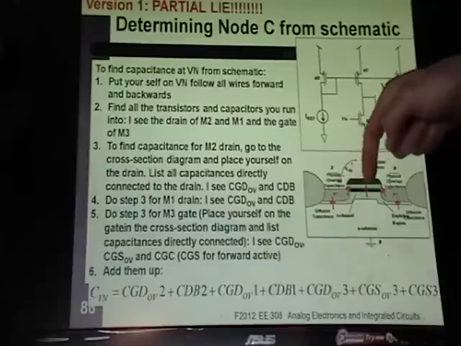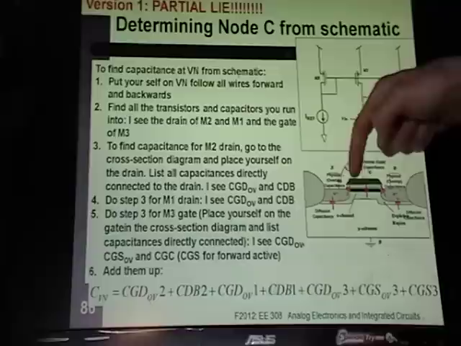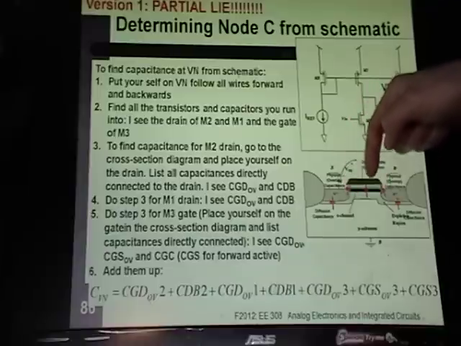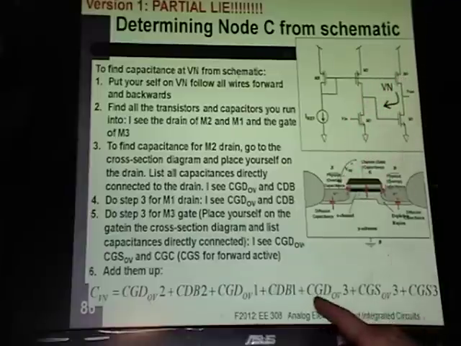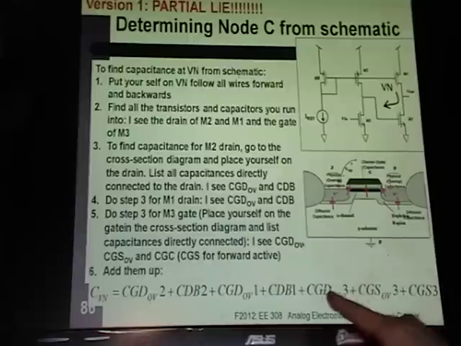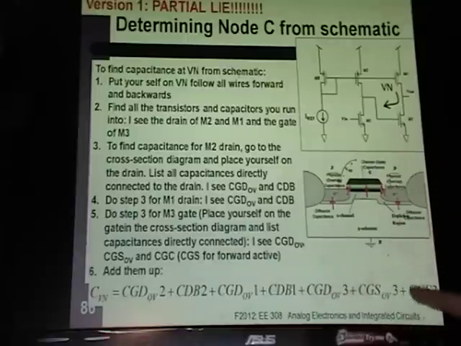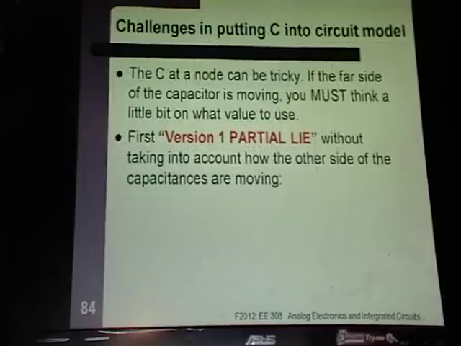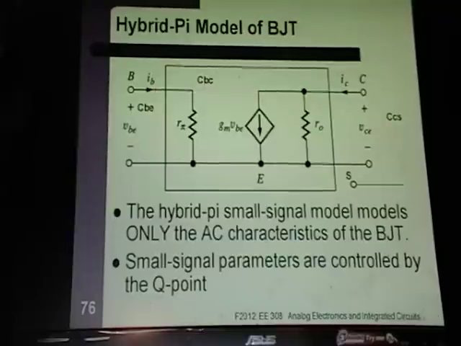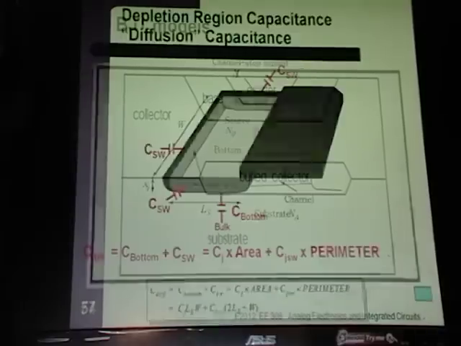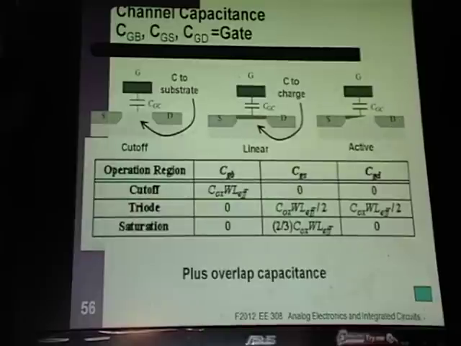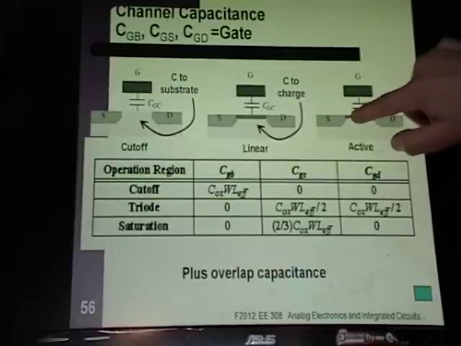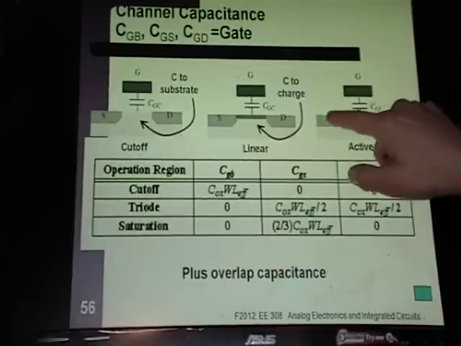So on the gate, I see 3 capacitances. I see gate source overlap, gate drain overlap, and gate to the channel. So gate drain overlap, gate source overlap, and then in textbooks, they won't call this gate channel, they will call it gate source. Because they look at that, let's go back over here. If you notice, the electrons are kind of leaning over and up against the source right here.